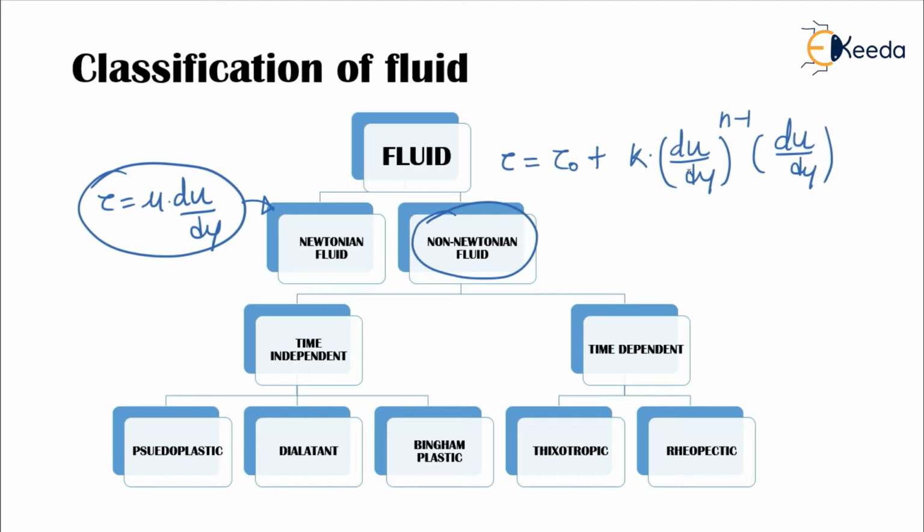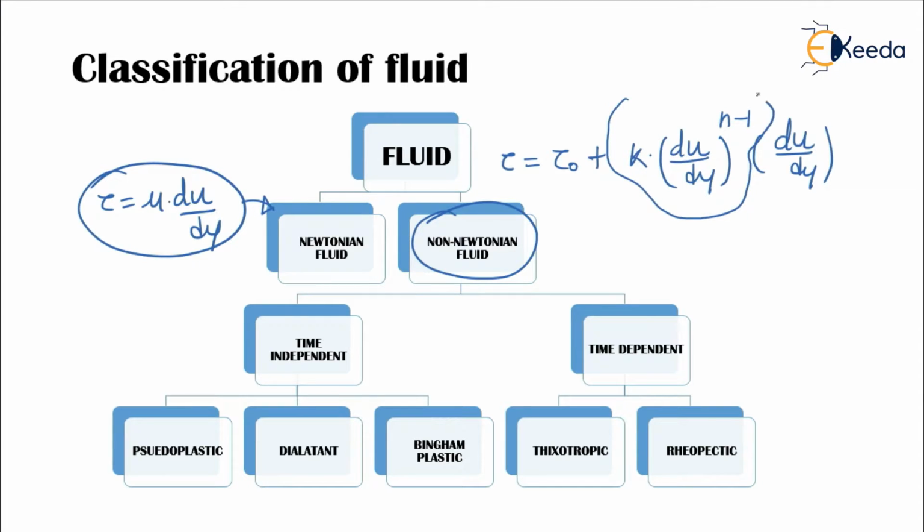Sometimes this can be written directly as du over dy to the power n. We need not worry about that. I wanted to write it in terms of apparent viscosity, so I have written it in this manner. So this we should know.